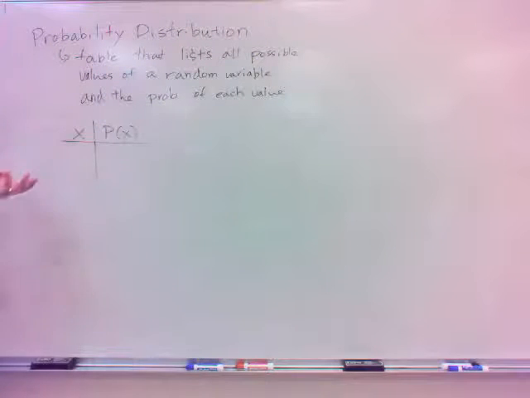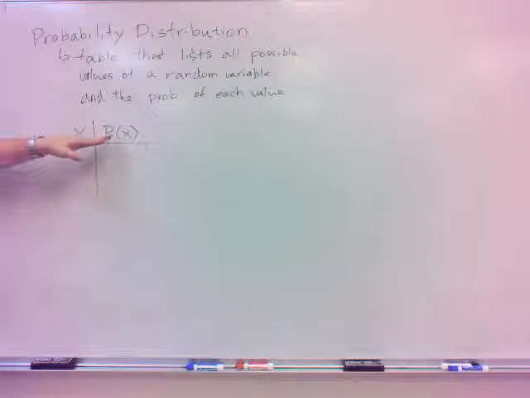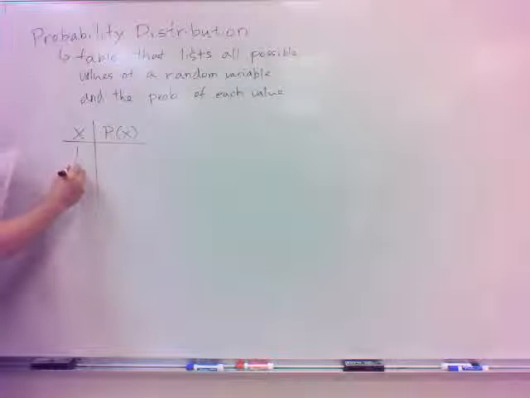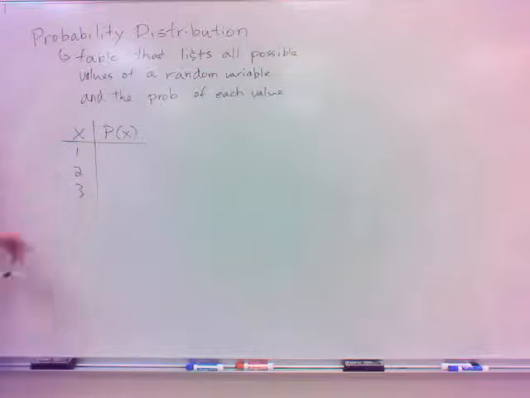Usually, along the top of the table, we're going to put x and then p of x, p parentheses x there. And like I said, I'm just kind of making these up. These happen to be the possible values in this scenario here, 1, 2, and 3.